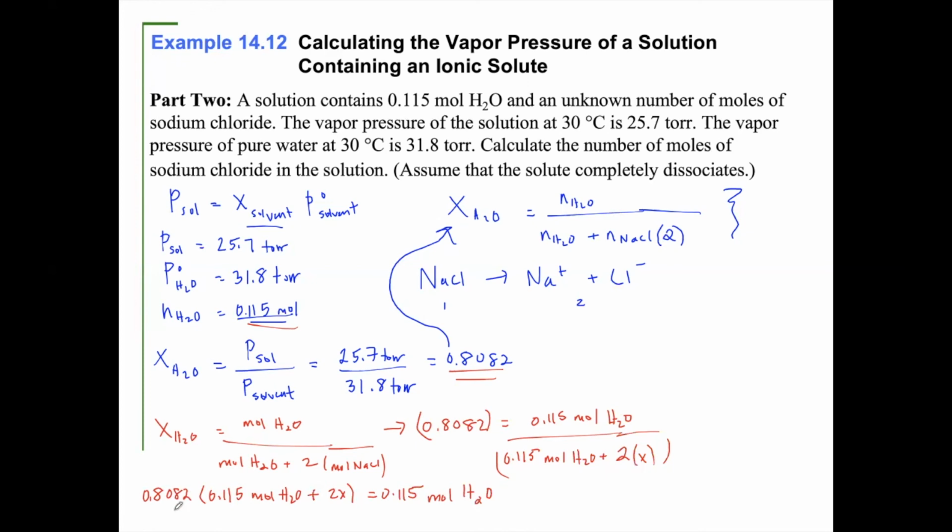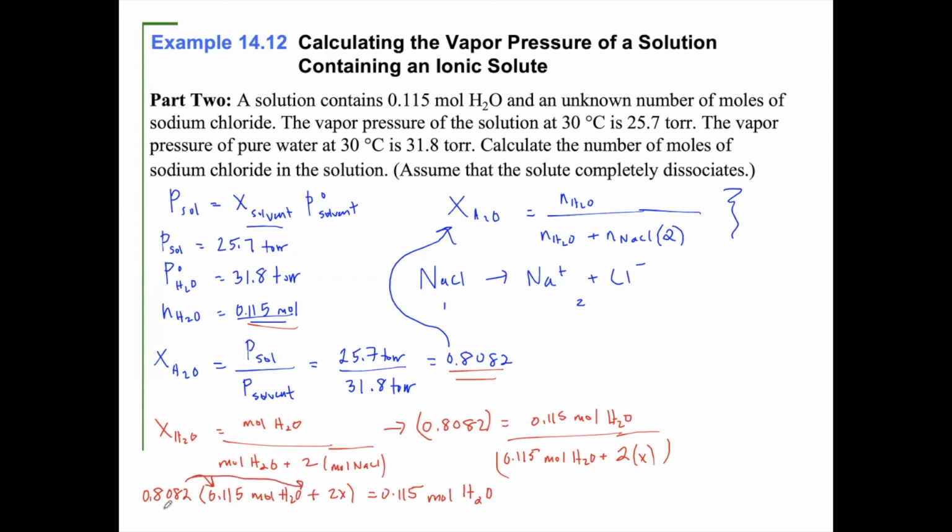Now you could either distribute this 0.8082 into what's inside the parentheses here, or you could divide both sides by 0.8082. I think I distributed it. Okay, so I'm just going to distribute this value.